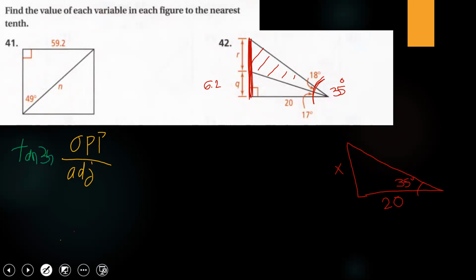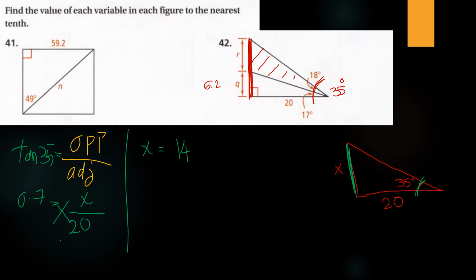Tan of 35 is 0.7, which equals the opposite X over the adjacent 20. So by cross product, you multiply 20 by 0.7 and you get 14.